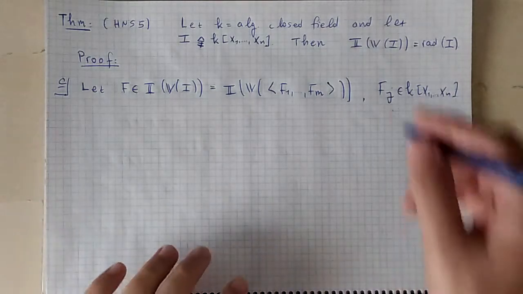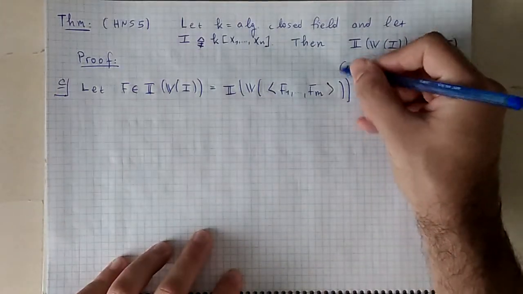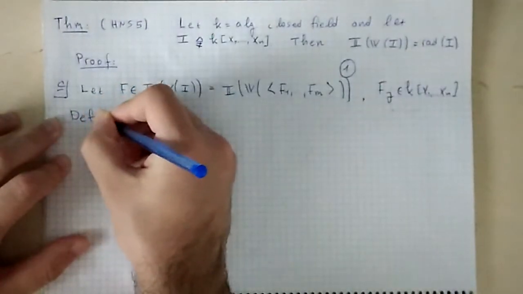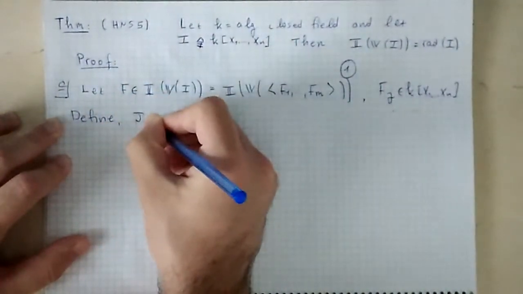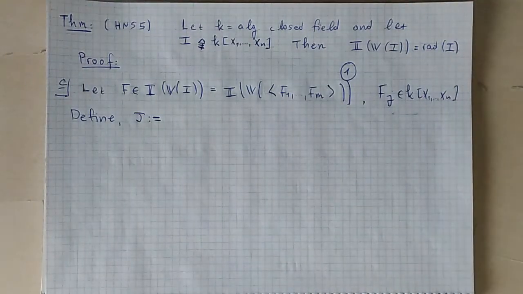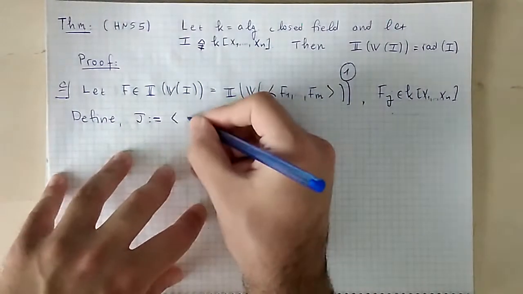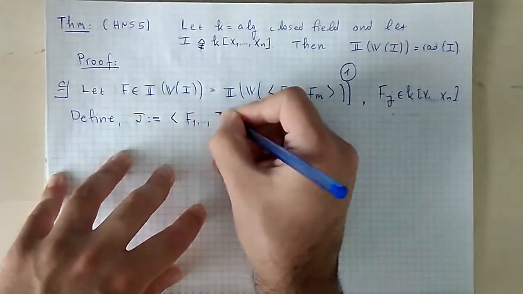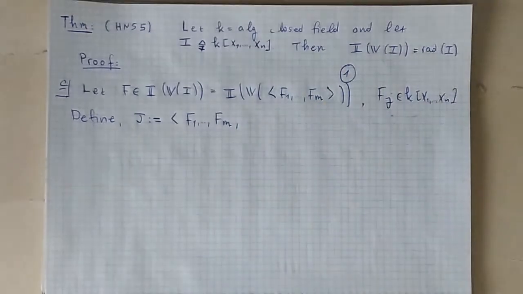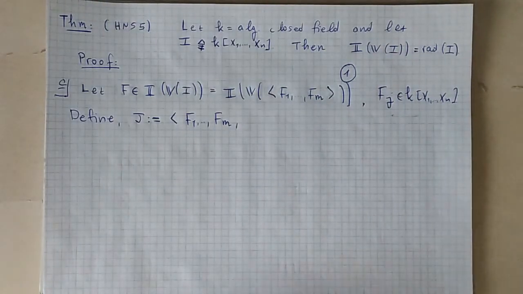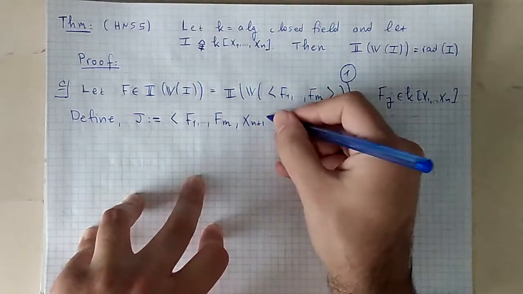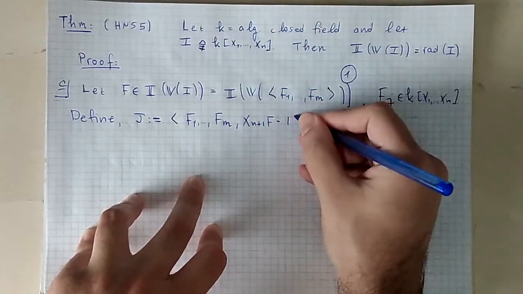Okay, so let's call this relation 1, and now we define an ideal J. By definition, this is going to be the ideal generated by these guys over here, but now I'm going to add another polynomial, and in particular I'm going to add this polynomial over here.